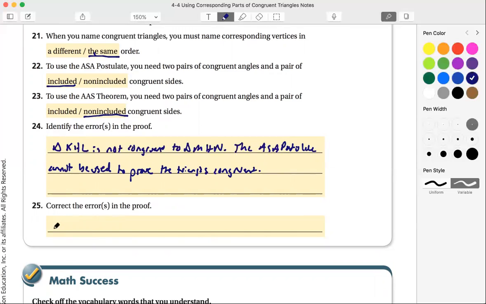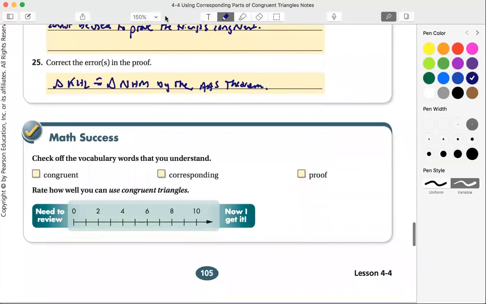What we should have proved was triangle KHL is congruent to triangle NHM by the AAS theorem. All right, and that's the end of this section.